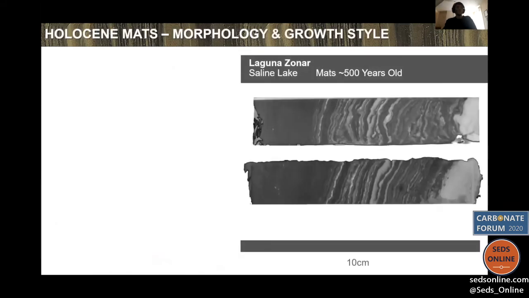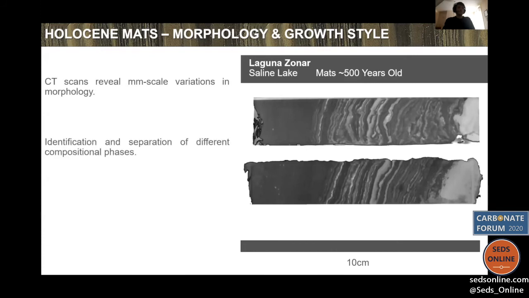So, moving on to some older mats from other lakes we're looking at. These are from a site called Laguna Toñar, which is in southwest Spain in Cordoba. These are about 500 years old, and they have been CT scanned. So you can see here very nicely the actual morphology of the mats. It's very easy to determine where different compositional phases are and where we want to target high magnification SEM analyses.